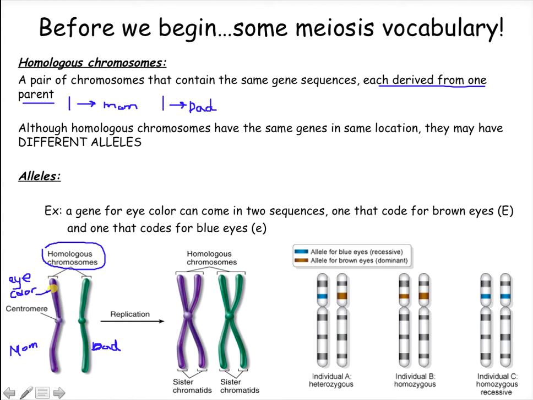All right, so that spot is the gene for eye color. That means on the homologous chromosome, you have a gene for eye color.